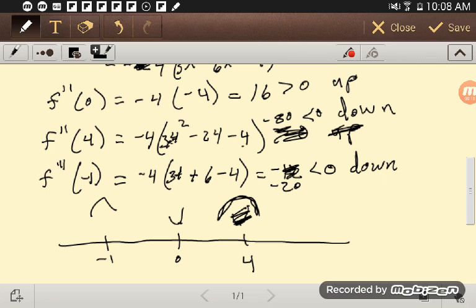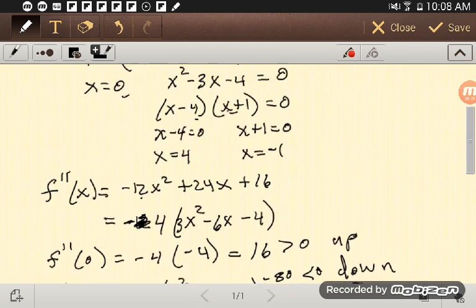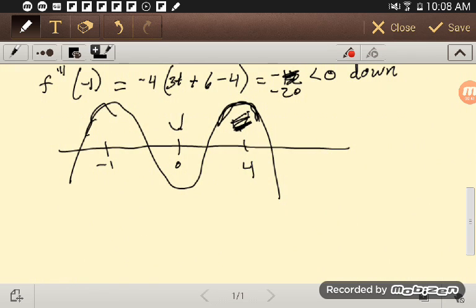So there we go. That makes sense, because this thing could get connected like that. That looks like a 4th degree polynomial, and so everything is wonderful at this point. Now, for our extrema, we actually have to put them back in the original. So we have negative 1 and f of negative 1. That is a local max.